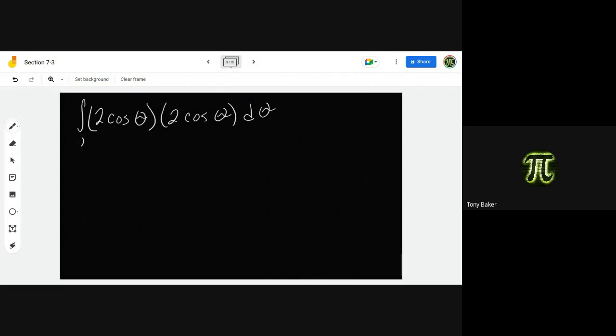So I'll pull the 4 out so I don't have to deal with it. The integral of cosine squared theta d theta.